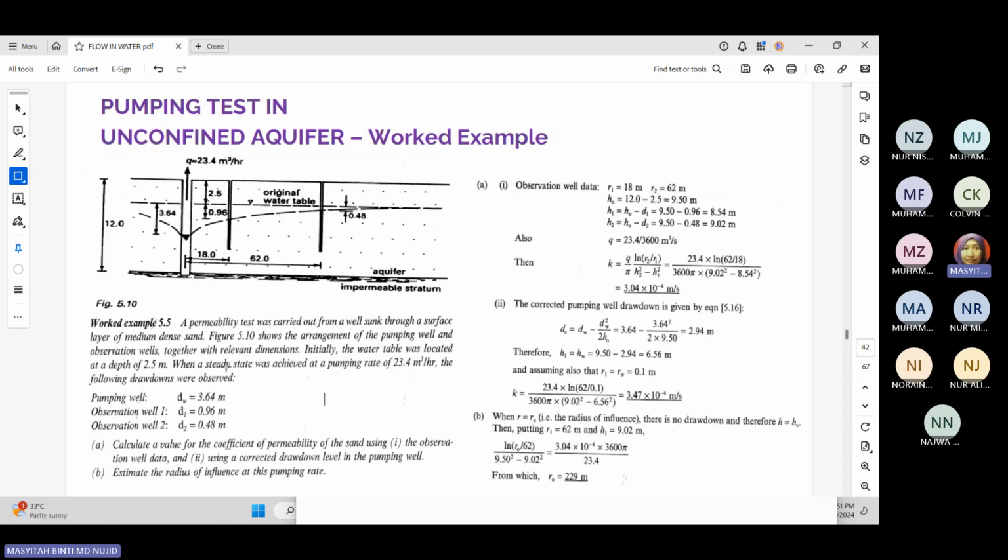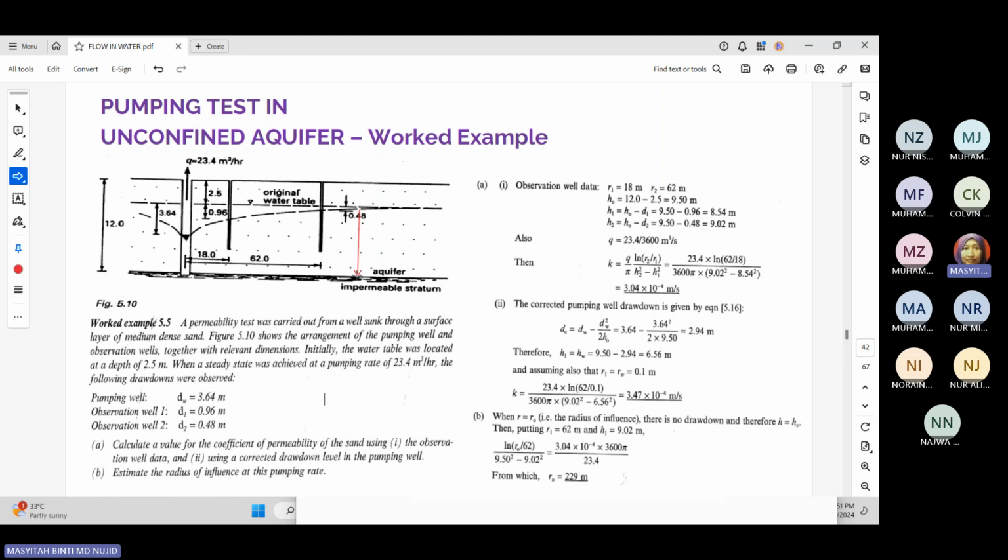So kita nak masukkan dalam formula untuk dapatkan nilai coefficient of permeability. So R1 18, R2 62. So maknanya dalam soalan ni dia ada dua observation well. H0 12 tolak 2.5 dapat 9.5. H1, just indicate balik dengan arrow ni.